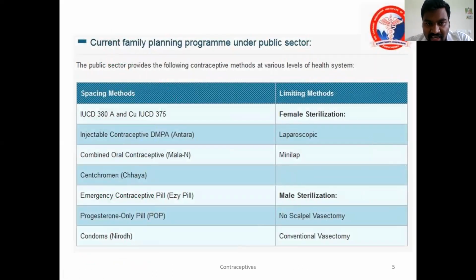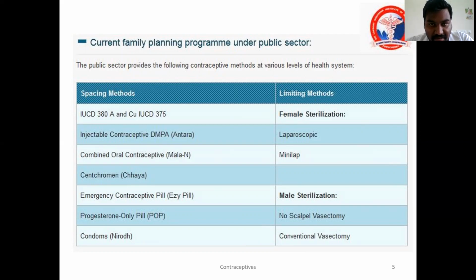And this slide indicates what are the family planning methods available under public health sector. When we come to the first method, barrier method, male condom is available. In IUCD, Copper T 380 and 375 are available. In the hormonal method, the oral combined contraceptive pill Mala-N is available. Among the newer contraceptives, Antara and Chhaya are available.